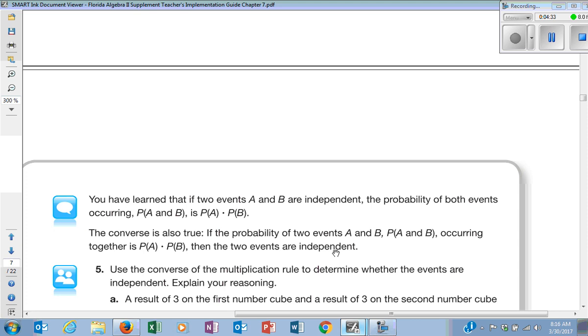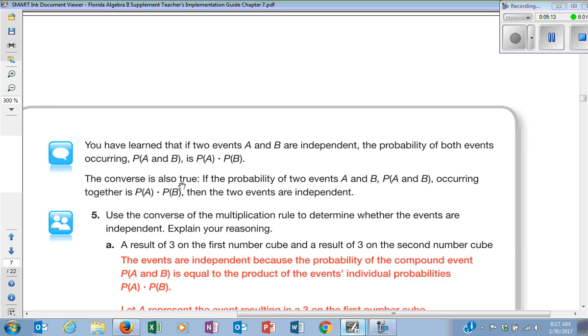Okay? Now, what happens with this is we are doing the converse of what we've talked about. You learned that if 2 events A and B are independent, that's my first criteria, then you could find the probability of both events occurring together, meaning A and B happening, by taking the probability of A and multiplying it by the probability of B. Do you guys remember that?